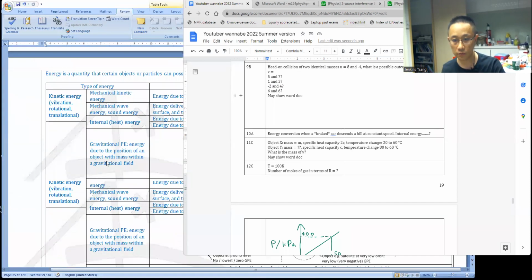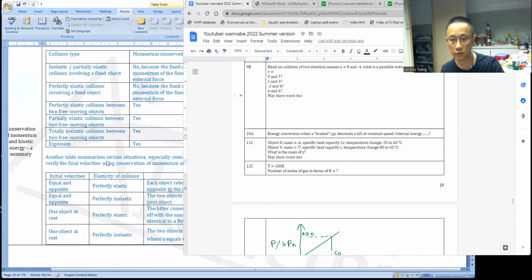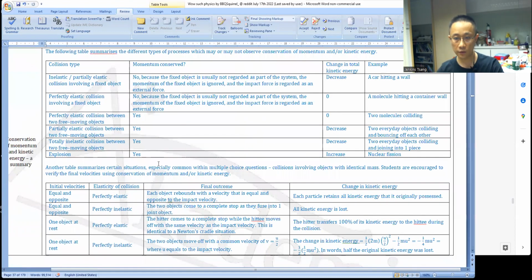There are some common collision situations involving identical masses, and I'll just show you this. A table summarizes common exam situations. When you have identical objects traveling in equal and opposite velocities, they would just bounce back with the same incoming velocity. And then there's also a situation where the two objects collide perfectly inelastically, so all KE is lost in that case.